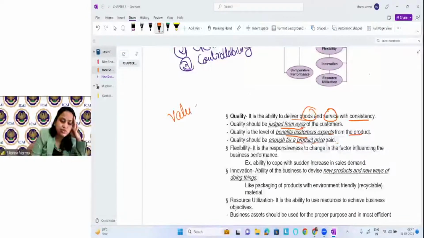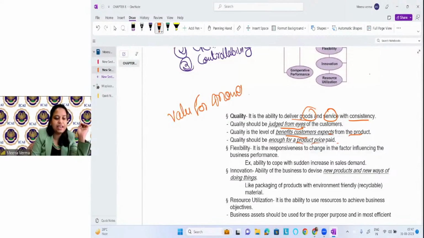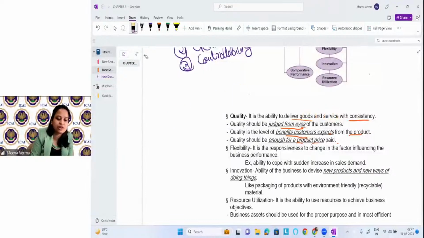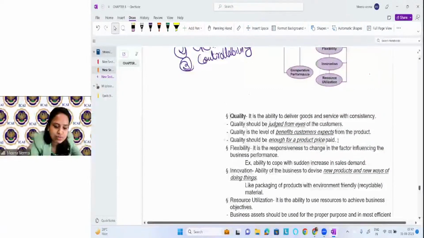Customer needs value for money. If the customer is paying money, he expects the same value. So he always judges whether the product is a quality product or not, and what the benefits from the product are. He wants to know whether it is value for money or not. He will check the quality.